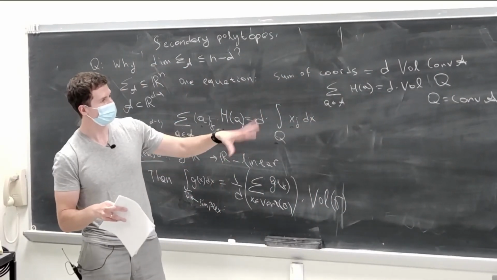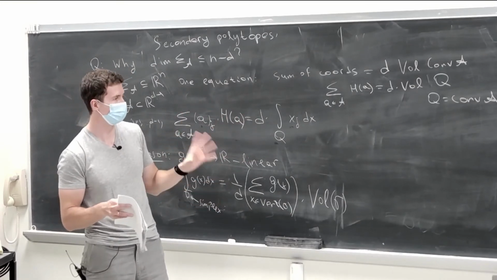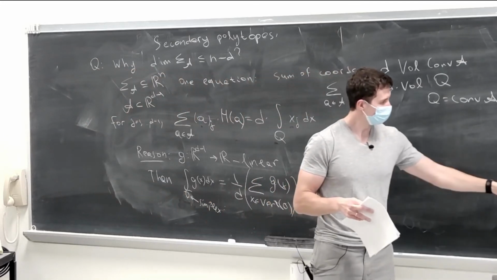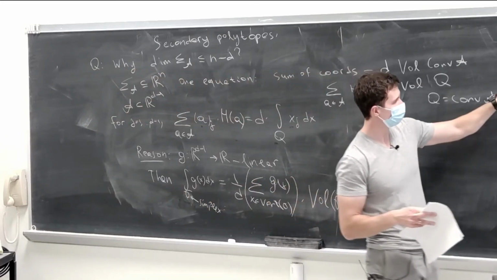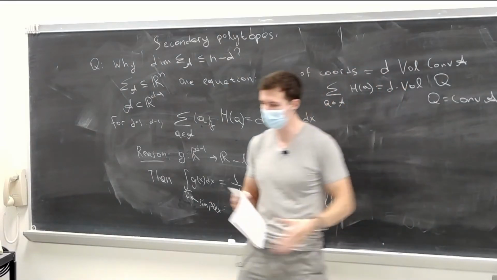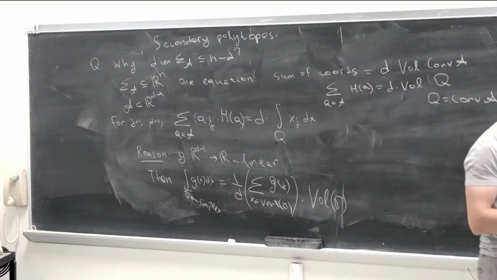But there are some related open problems. There are some related polytopes, which are more recent, and for some analogs of secondary polytopes, the second part becomes an open problem.